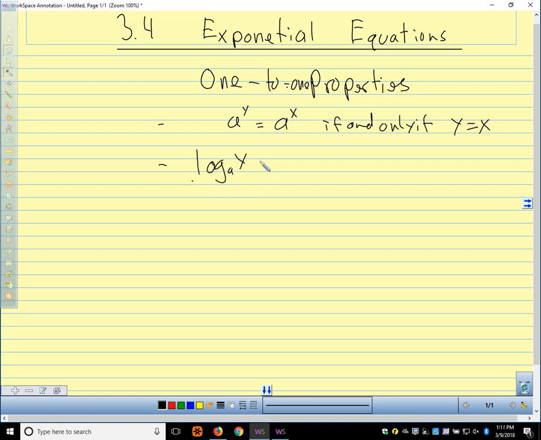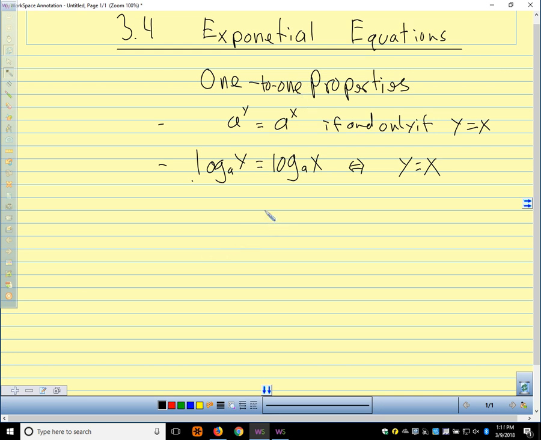Log base a of y equals log base a of x, and the two-sided arrow means if and only if, y equals x. So that's one of the tools that we're going to use to solve exponential and logarithmic equations.